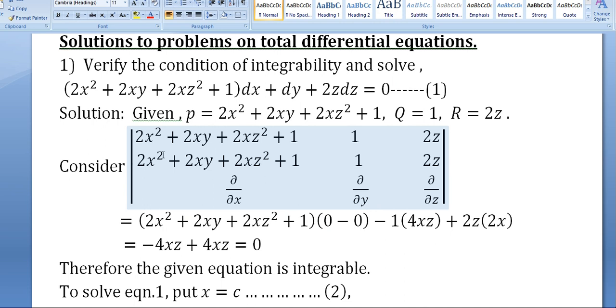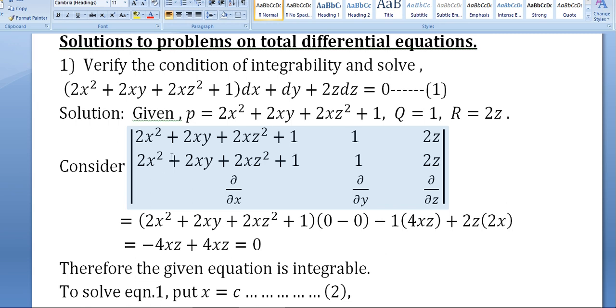If I take ∂/∂z of the p term, differentiation of 2x² with respect to z is 0. Differentiation of 2xy with respect to z is 0. Differentiation of 2xz² will become 4xz and differentiation of 1 is 0, minus ∂/∂x of 2z, that is also equal to 0, plus 2z into ∂/∂y of this entire p term.